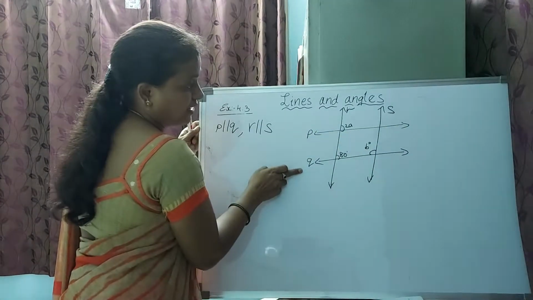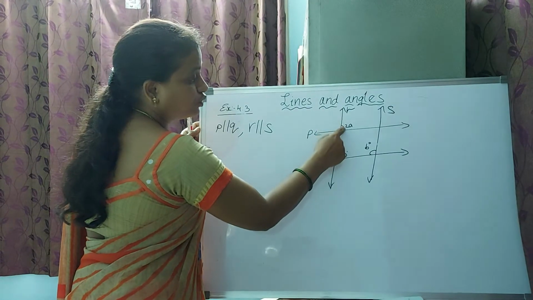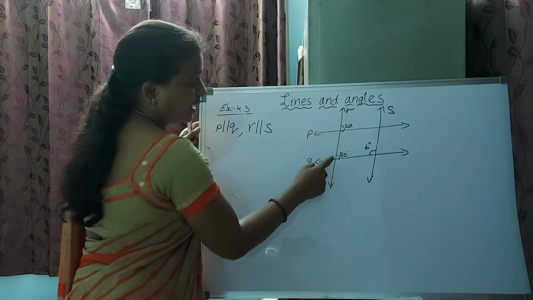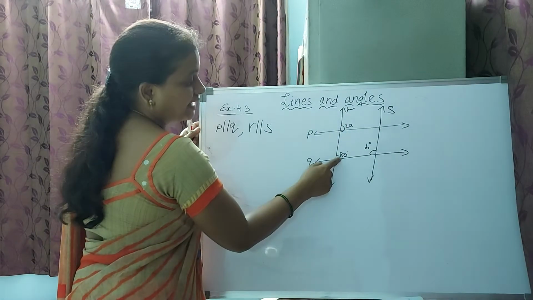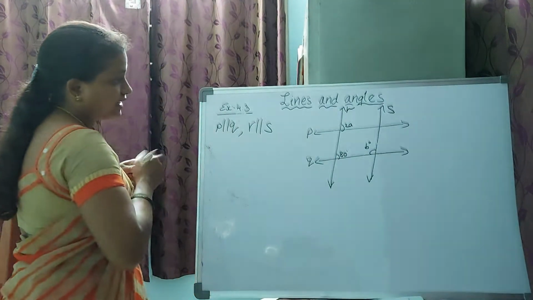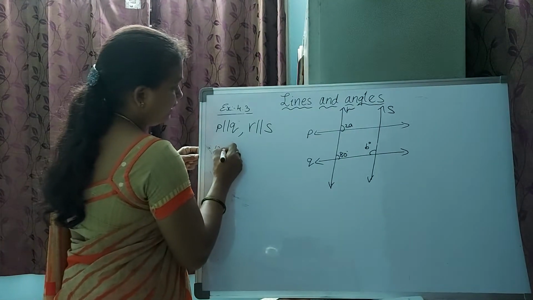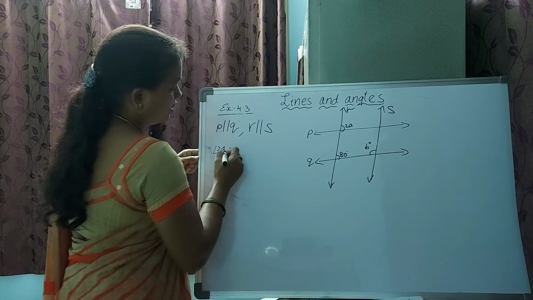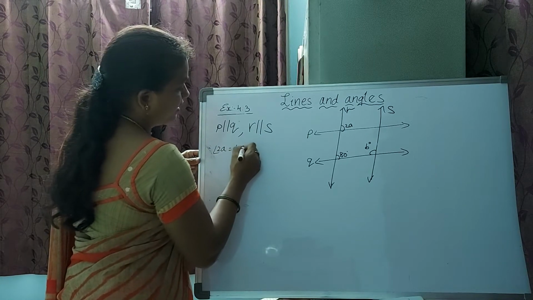P and Q are parallel lines. If you observe, angle 2A is equal to angle 80 degrees.